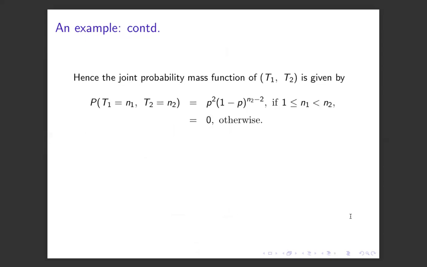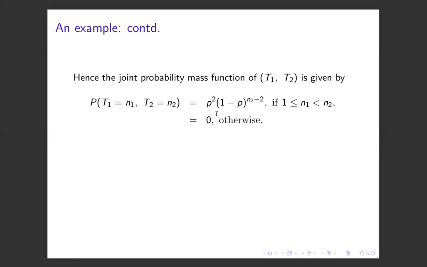So hence the joint probability mass function of T1, T2 is given by probability T1 equal to N1, T2 equal to N2 is P squared times 1 minus P to the power N2 minus 2 if 1 is less than or equal to N1 less than or equal to N2.